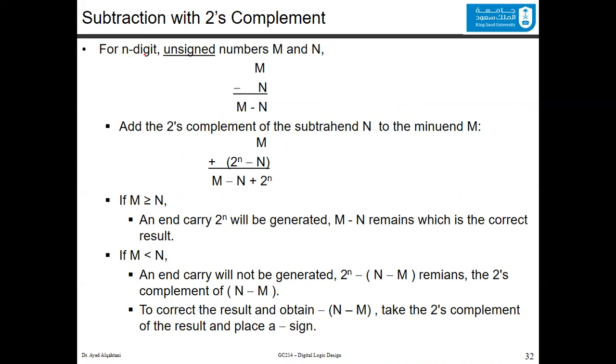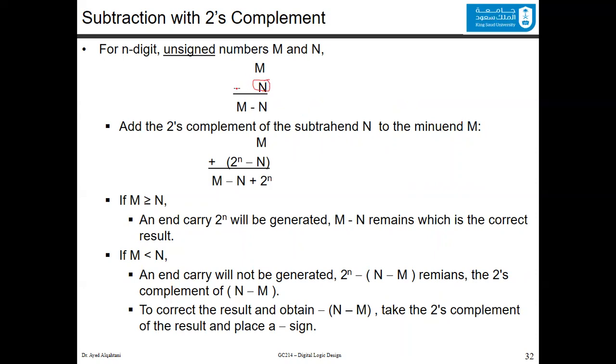So for n-digit unsigned numbers m and n, if you want to do the subtraction m minus n, as you can see here, you add the 2's complement of the subtrahend n. So you get the 2's complement of the subtrahend n, and you add it to m.